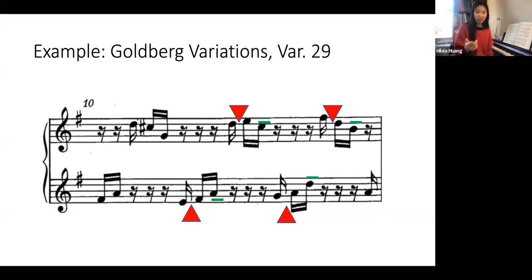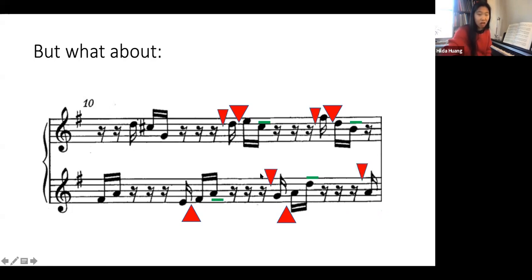Let's try to use the concept of note length to see how we can further distinguish the two hands. I'm going to shorten the last note in each hand. And finally, all together, I'm also going to articulate before each other hand comes in, because I want to articulate before an important note.